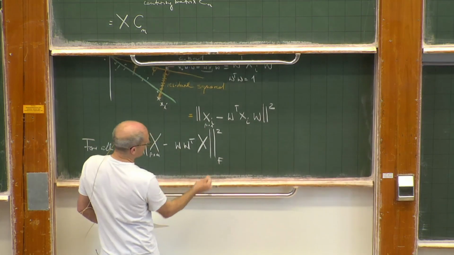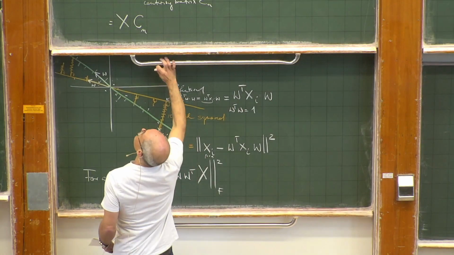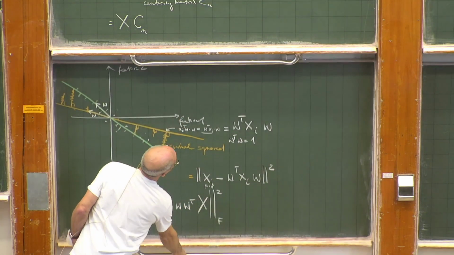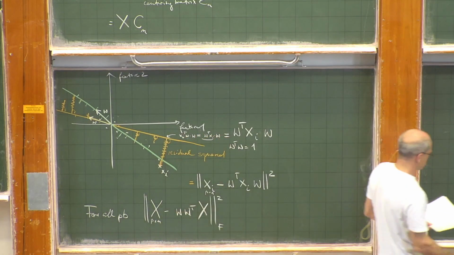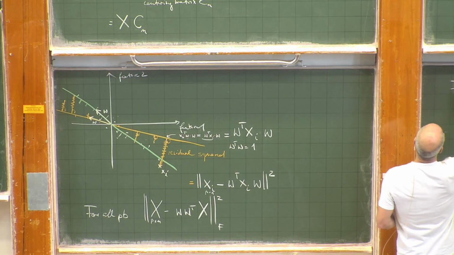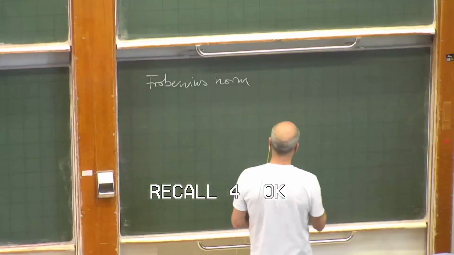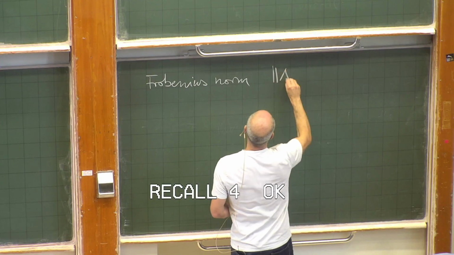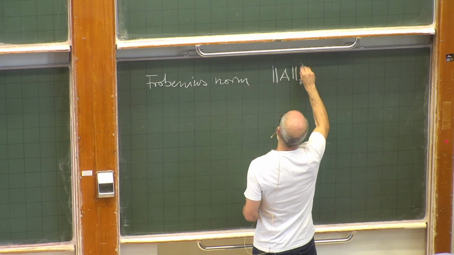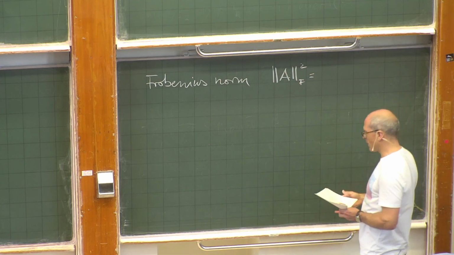This thing here is called a Frobenius norm. I'll write it down in a moment. So if we have any matrix A, and we want to take the Frobenius norm squared, it just means we take all elements and square them and sum them up.